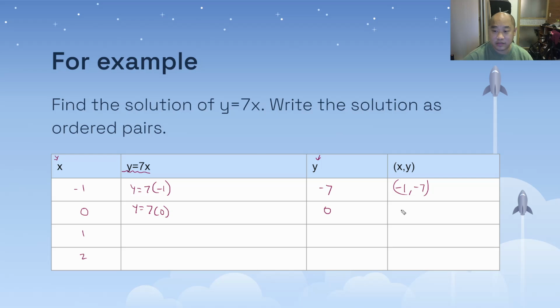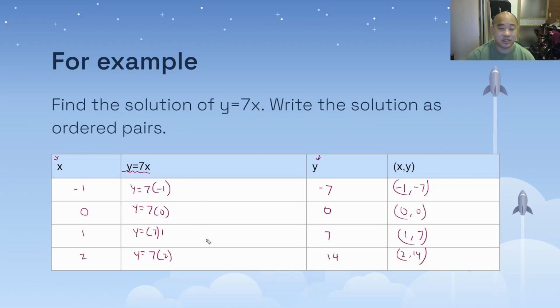A nice and easy one. 0, 0. This is special. I'll talk about this later. y equals 7 times 1 is 7. So 1, 7. And then y equals 7 times 2, which is 14. 2, 14.